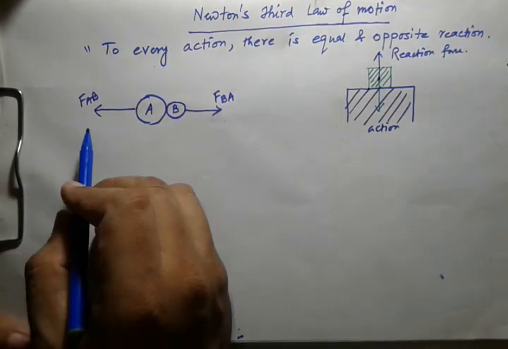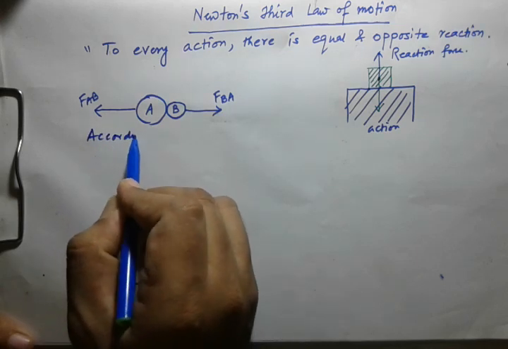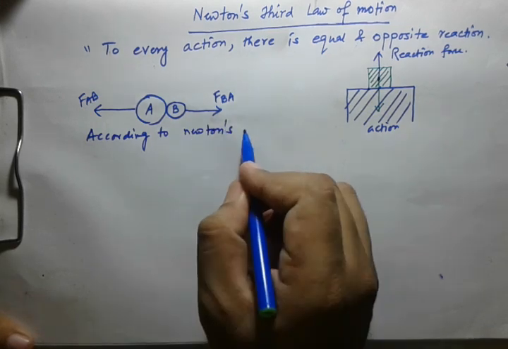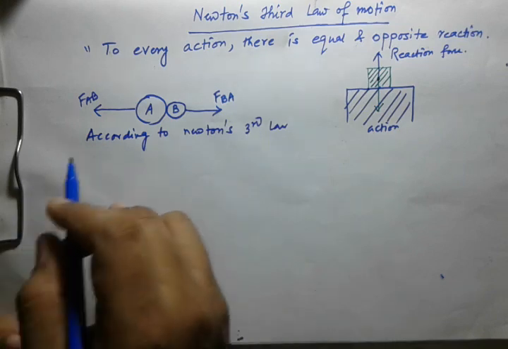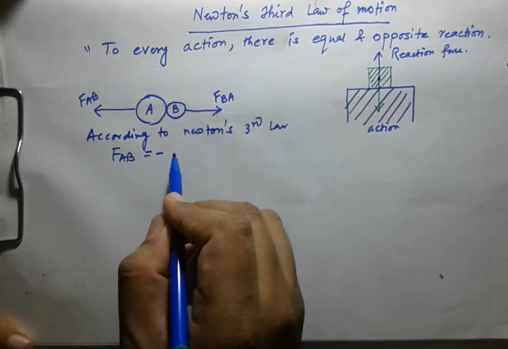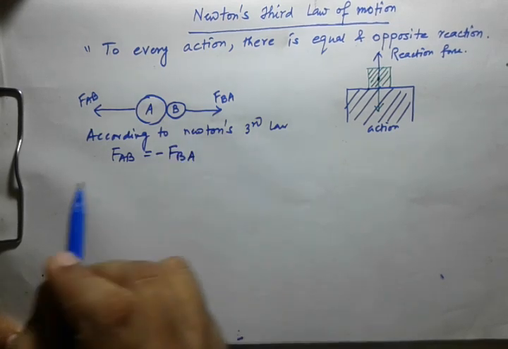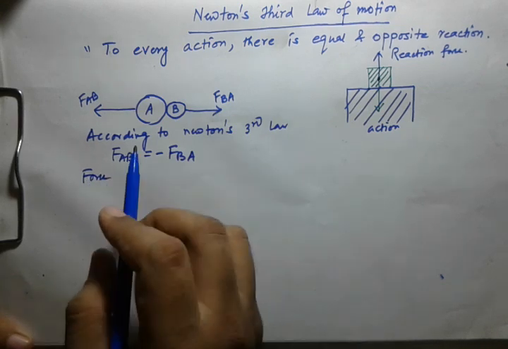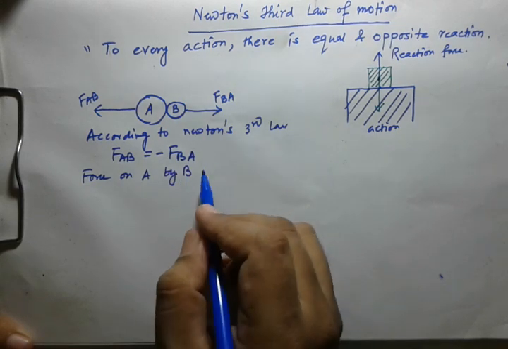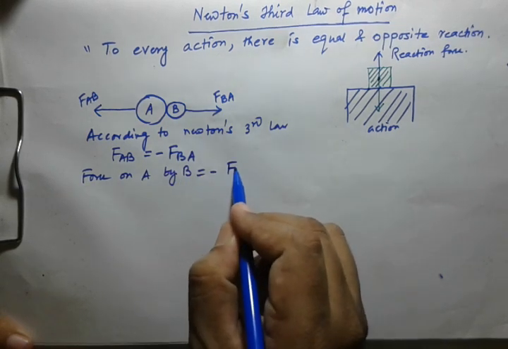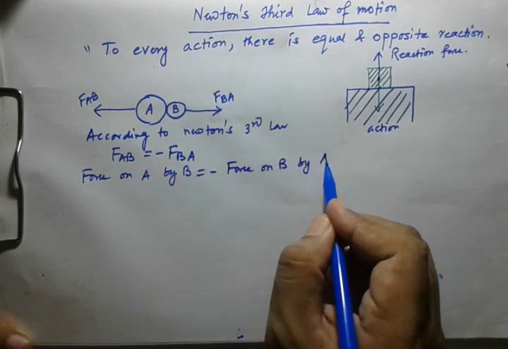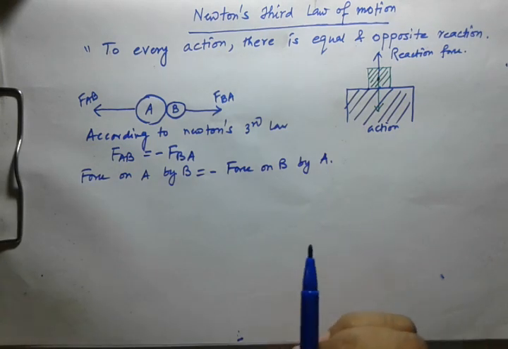So according to Newton's third law, you can write FAB is equal to minus FBA, or you can write force on A by B is equal to minus of force on B by A. Okay, so this is Newton's third law.